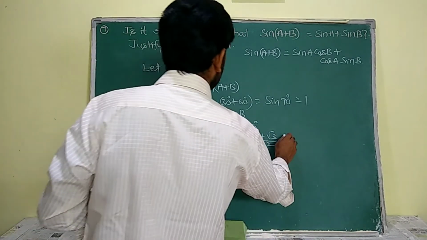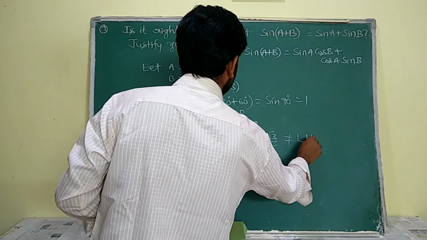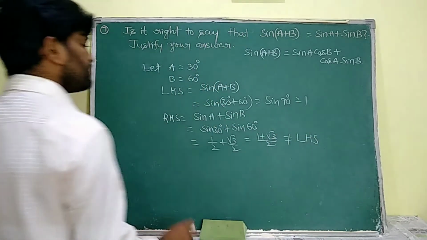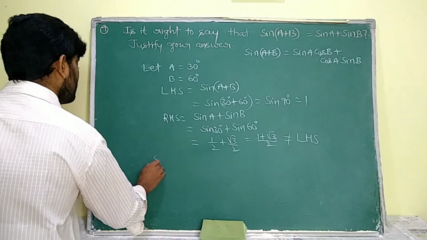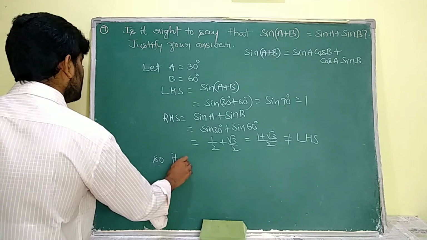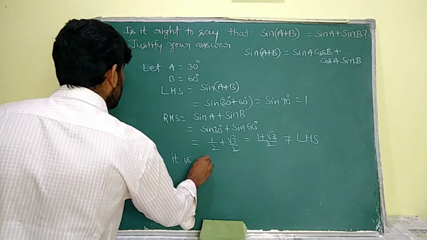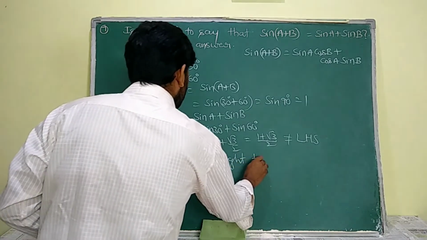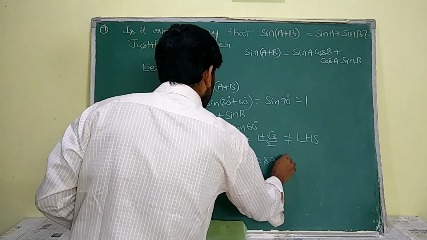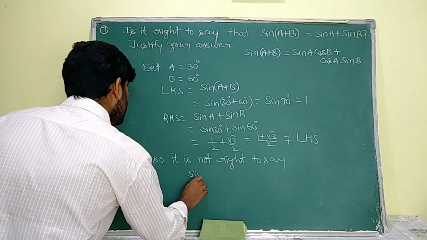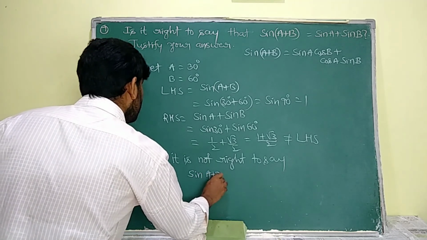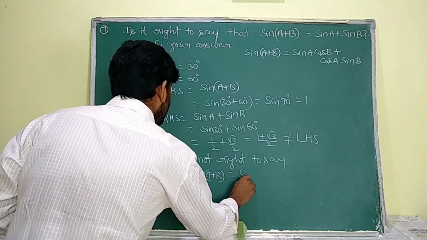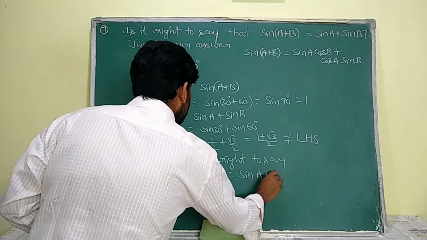This is not equal to LHS, because LHS value is equal to 1. So it is not right to say sin(A plus B) is equal to sin A plus sin B.